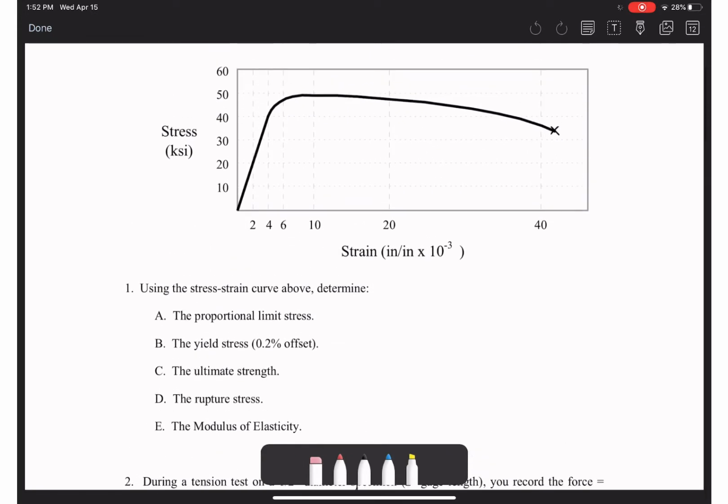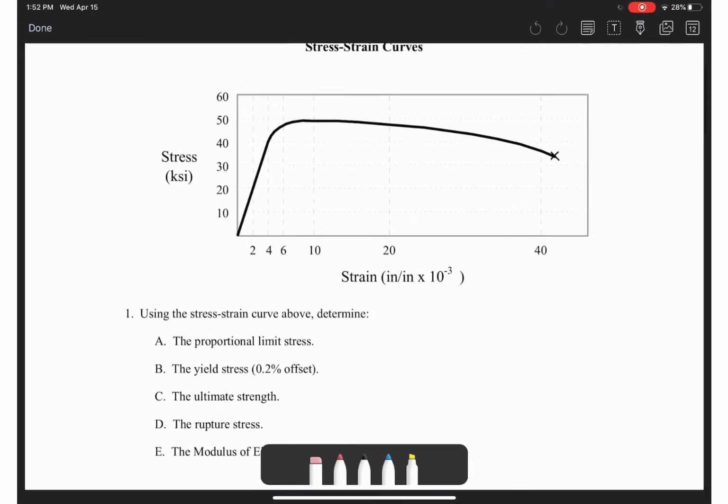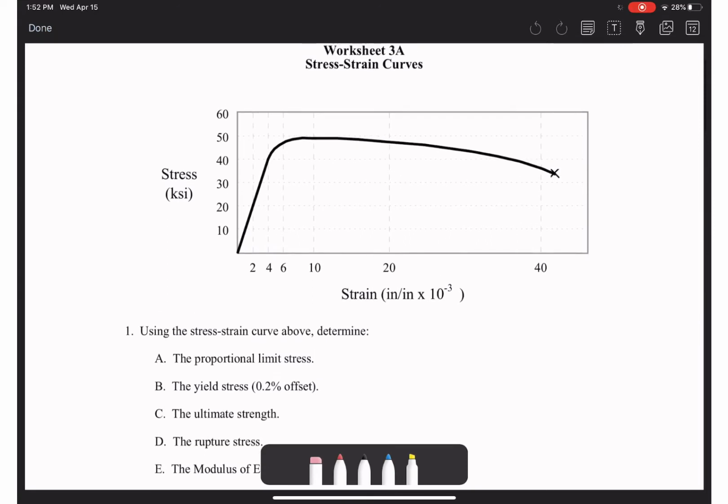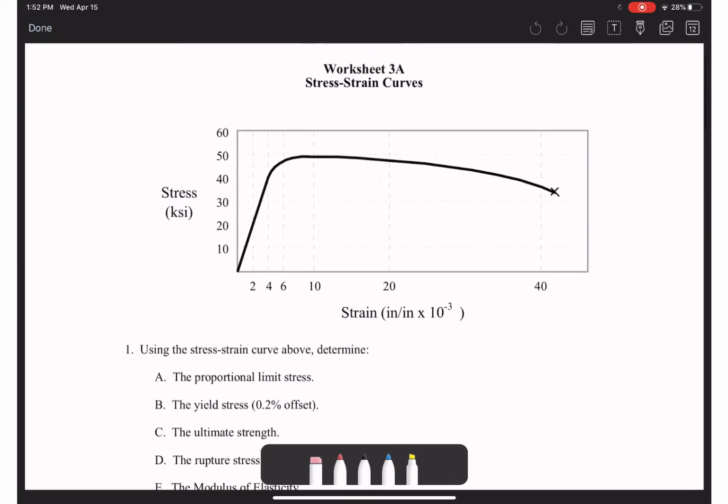The first is using the stress strain curve, and they ask us to determine the proportional limit of the stress. The proportional limit is the limit of the linear portion of the stress strain curve.